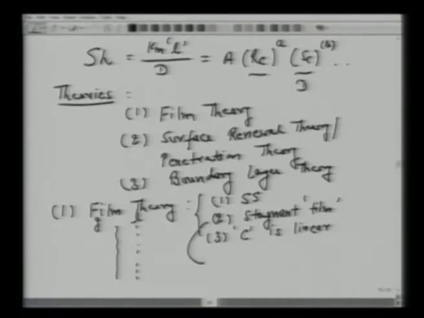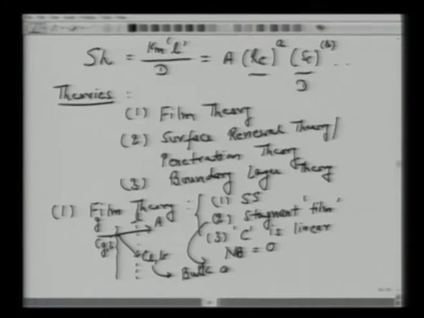When we say stagnant, we are saying that for the component A which diffuses in this direction, the bulk flow NB equals 0 here, and the concentration gradient, starting from Cg at this interface, is linear. So we have Cgi at the interface, and we have Cl, which is the bulk concentration. So we are introducing the terminology that there is a bulk concentration of the diffusing species.